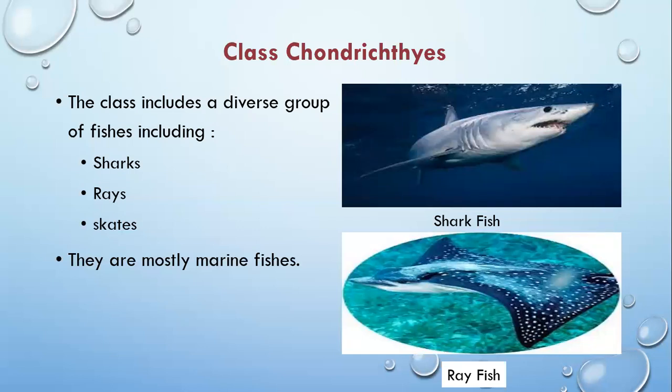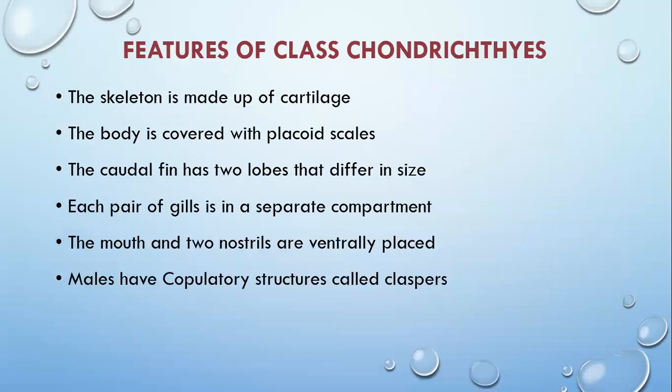Now, this class includes a diverse group of fishes, for example sharks, ray fish, and skates. Basically, they are mostly marine fishes. These are the examples of the class CHONDRICHTHYES. The features of this class are as follows.